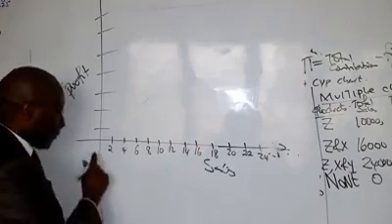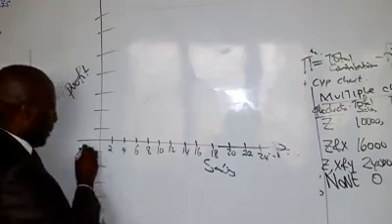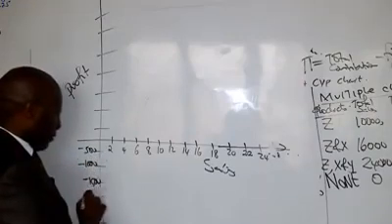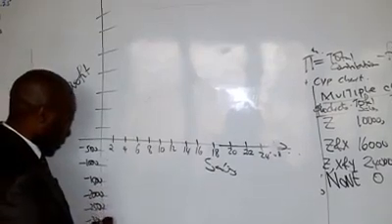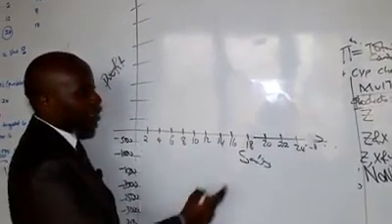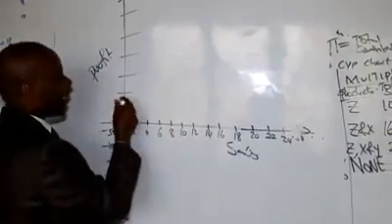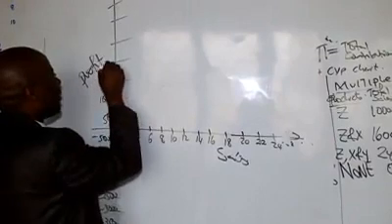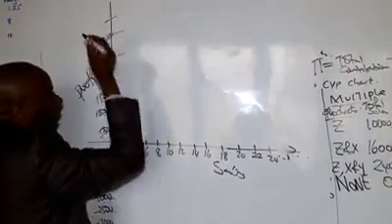So minus 500, minus 1,000, minus 1,500, minus 2,000, minus 2,500, minus 3,000, minus 3,500. The moment I go past this, I'll have captured minus 3,250. From there, I have 500, 1,000, 1,500, 2,000, 2,500, 3,000.